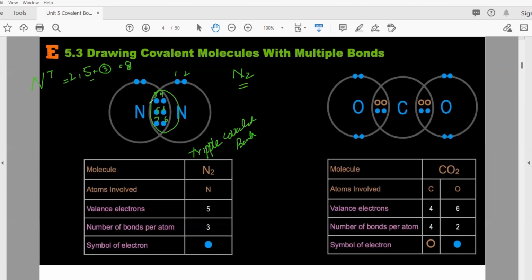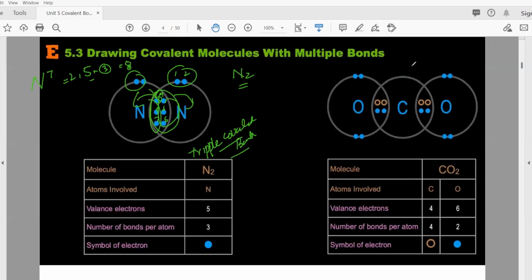So these six electrons are counted for this nitrogen also and this nitrogen also. So two plus six, eight. Two plus six, eight. So in this way, they make the covalent bonding, but here they share three electrons. So this is known as triple covalent bonding.